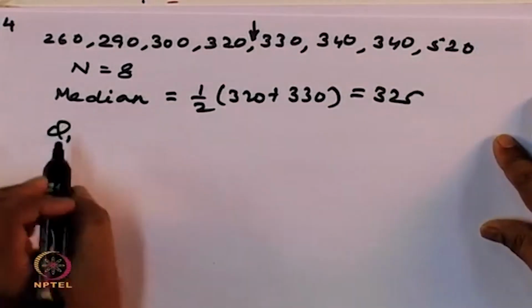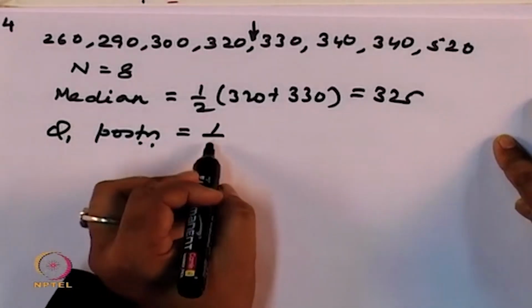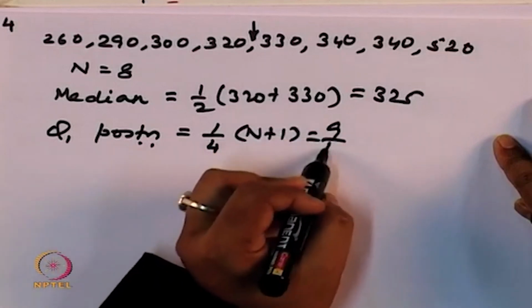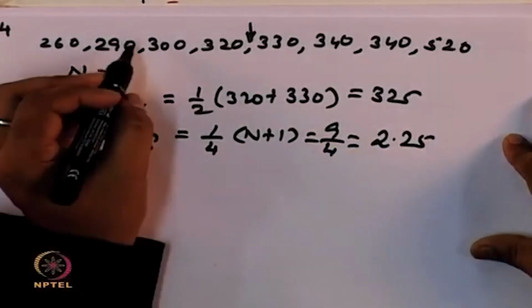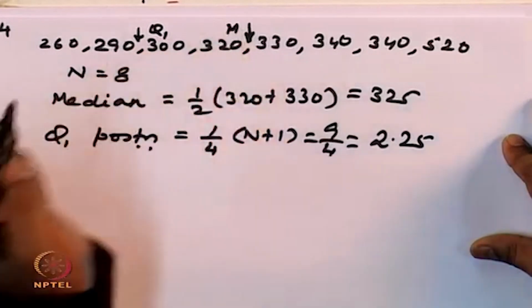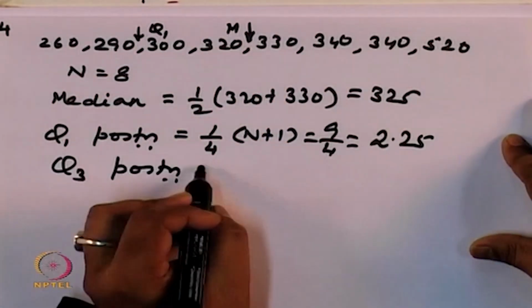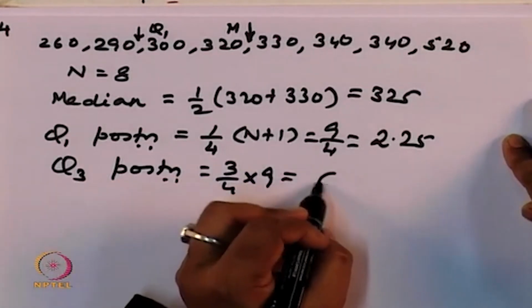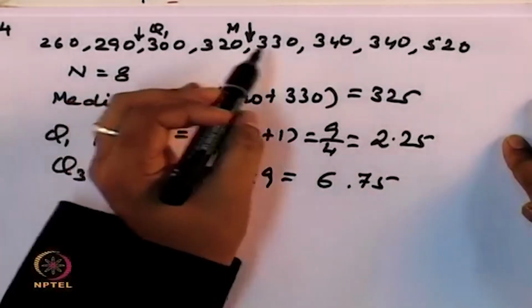The Q1 position will be 1 times (n plus 1), which is 9 by 4, equal to 2.25. So after 2, this is going to be the position of Q1, this is your median, and the Q3 position is going to be 3/4 into 9, which is 27 by 4, which is 6.75. It is 1, 3, 4, 5, 6, 7.